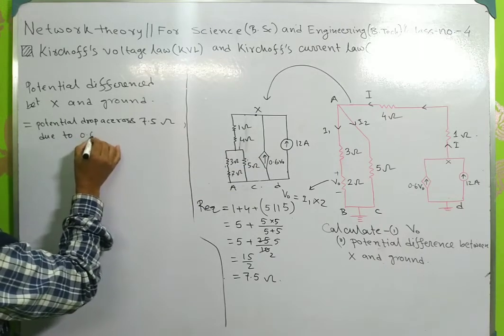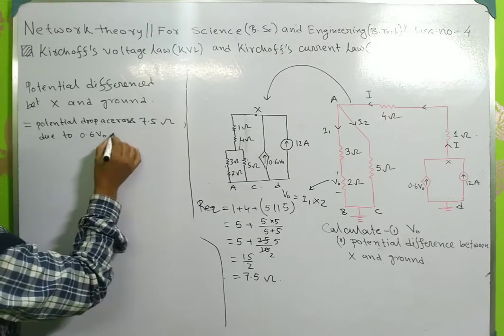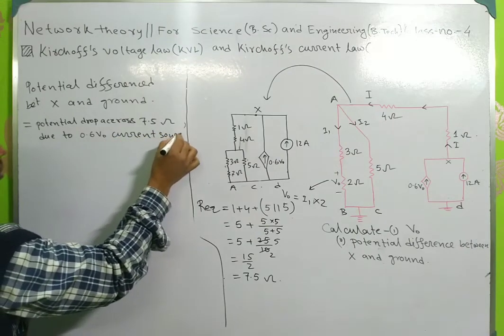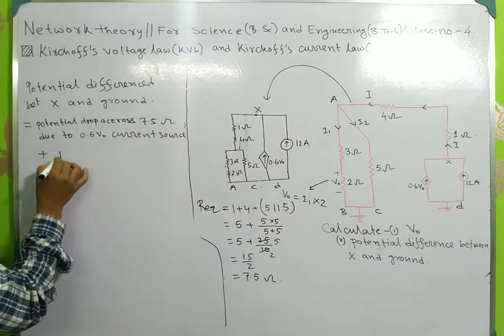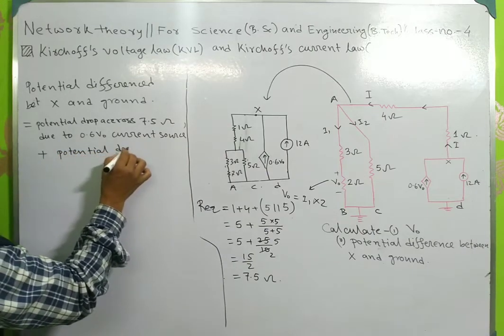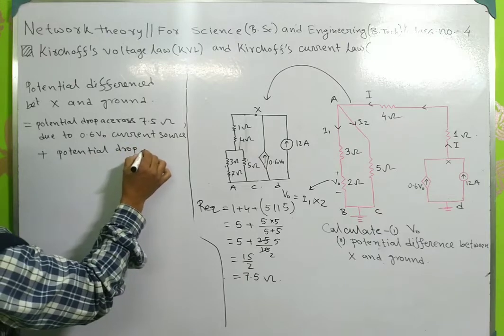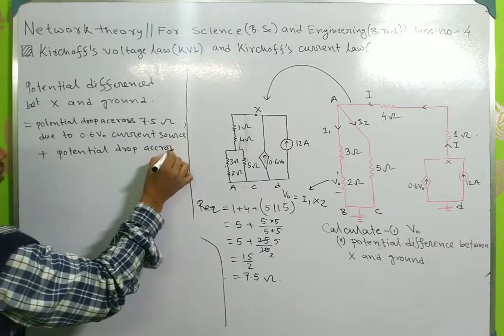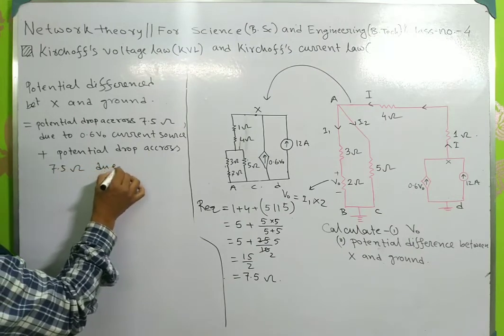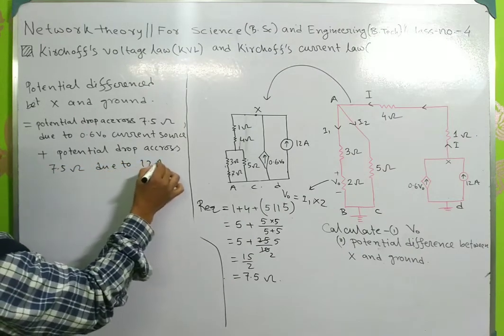0.6 V0 current source plus the potential drop across 7.5 ohm due to the 12 ampere current source.